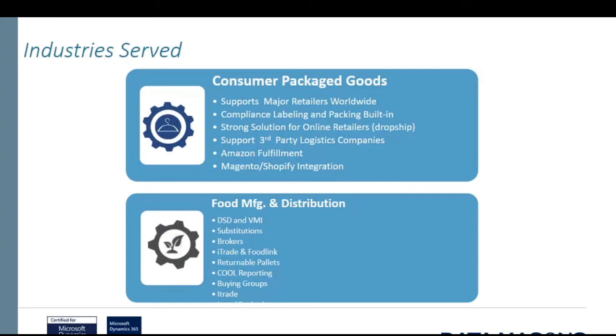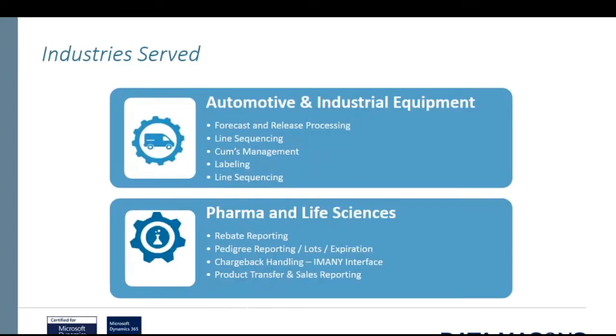Just very quickly, the types of industries that we serve, and we're particularly well suited: consumer packaged goods and retail, food manufacturing, distribution. There's a lot of developments in that industry. We're always on top of it and making sure that it works well. Automotive and industrial equipment.